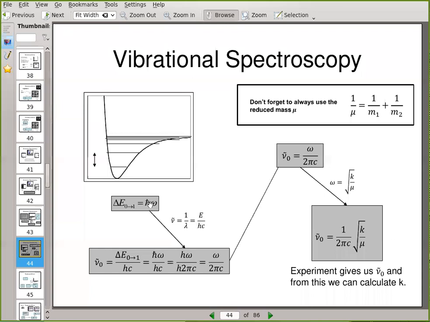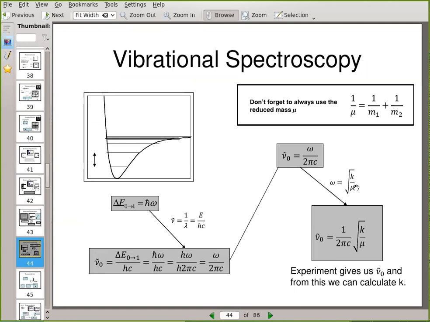But we know what E is: it's h bar omega. So let's put h bar omega in for E, with hc at the bottom. You end up with the fundamental vibration wave number as omega over 2 pi c.